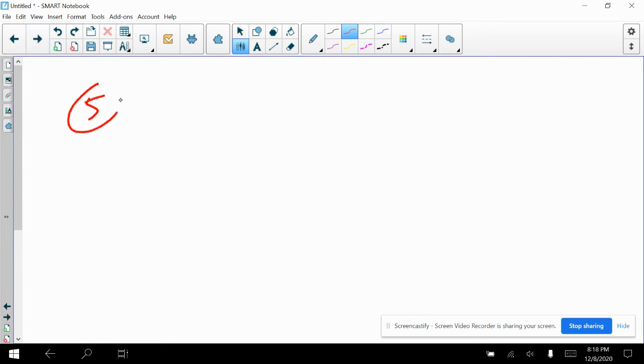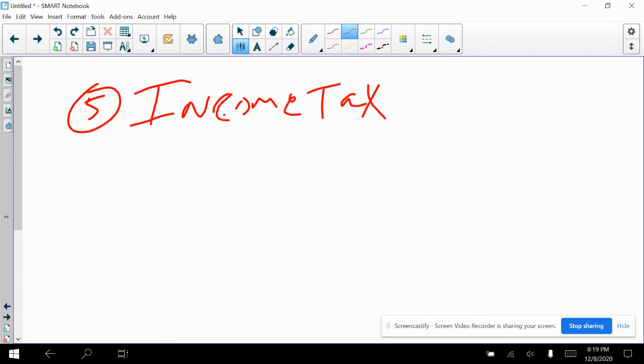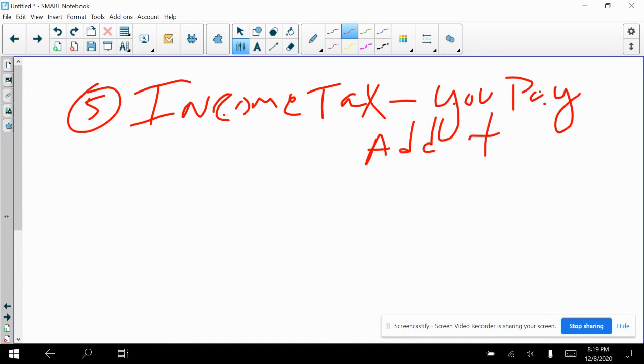Okay, number 5, something called an income tax. This is for people that work in a city. Usually they have an income tax. And again, this is something that you pay out of your pocket. Again, this is something that's added on.